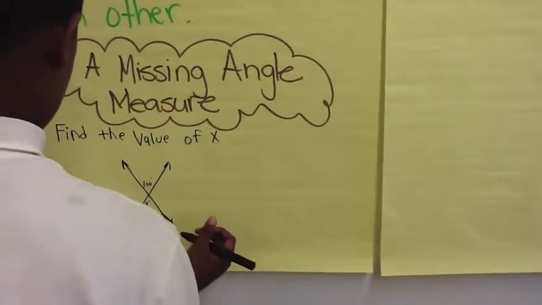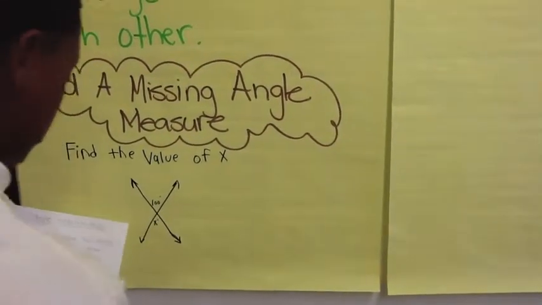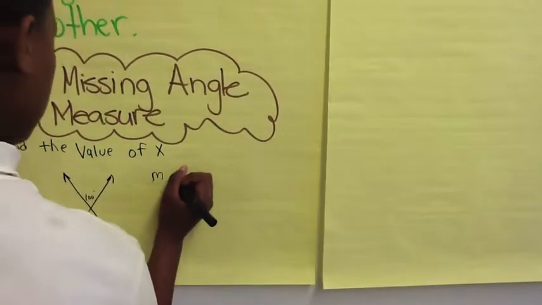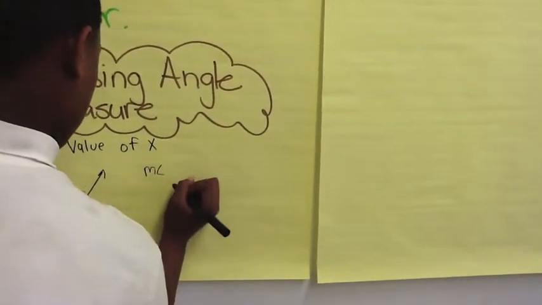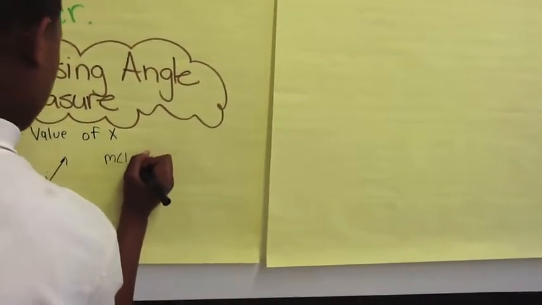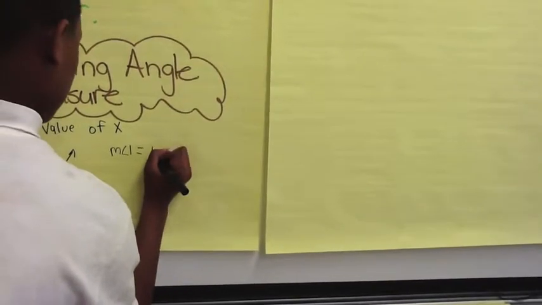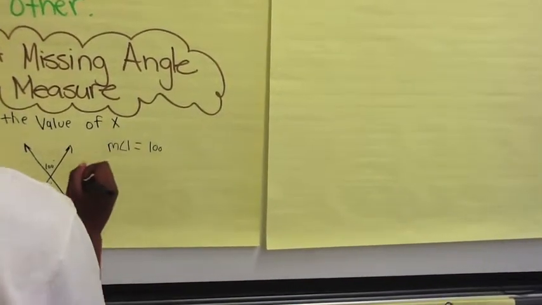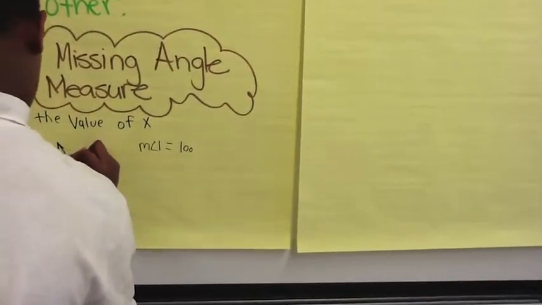So what I need you to write on the side so everybody can see, write M. M stands for the measure of the angle. Let's say it's called angle 1, equals 100 degrees. And over that angle in your example, put 1 above 100 so they know that's angle 1. Good.